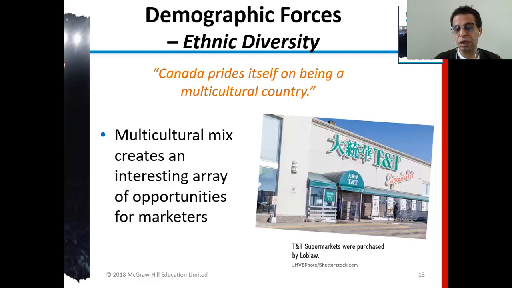Now, also we're talking about ethnic diversity. We've noticed, as I said at the beginning of this lecture, in the old days when I was in Winnipeg, visible minority was a really small minority. You didn't see visible minorities. When I walked on Main Street or in downtown Winnipeg, with a little bit darker skin and curly hair, people looked at me.